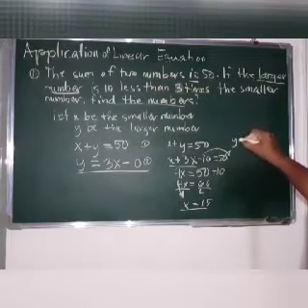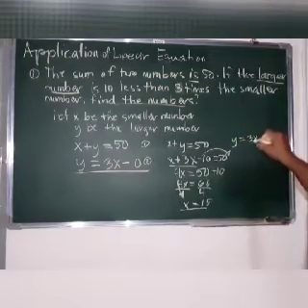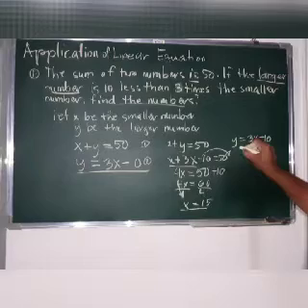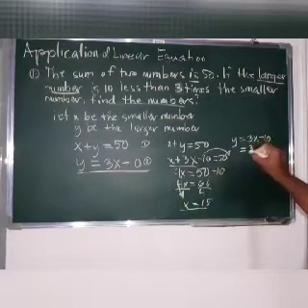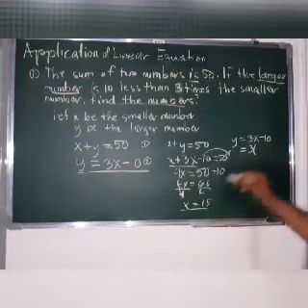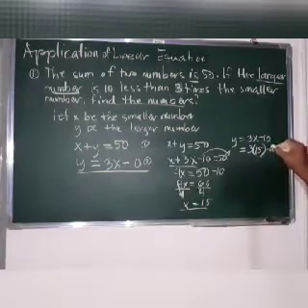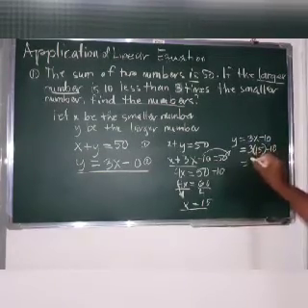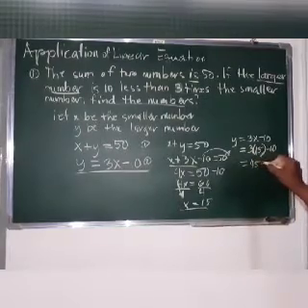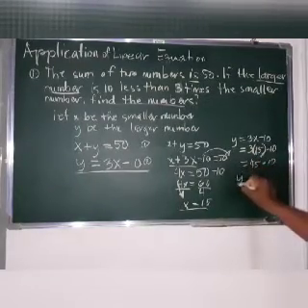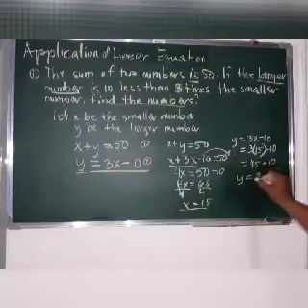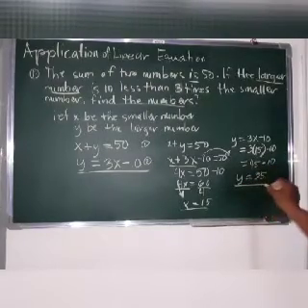So y is equal to 3x minus 10. Copy 3, substitute x, which is 15, minus 10. 15 times 3 is 45, minus 10. Then y is equal to 35.